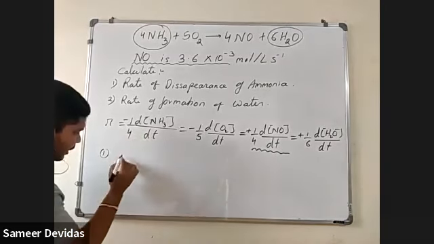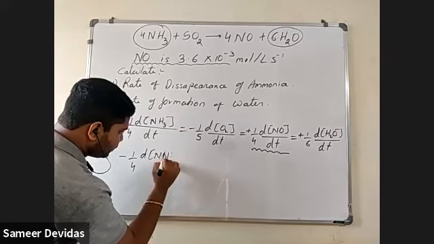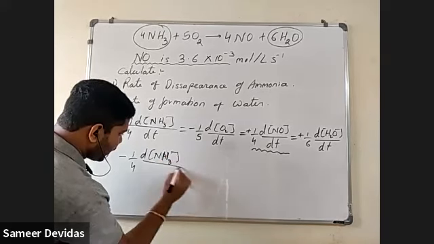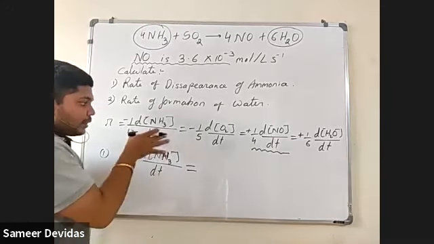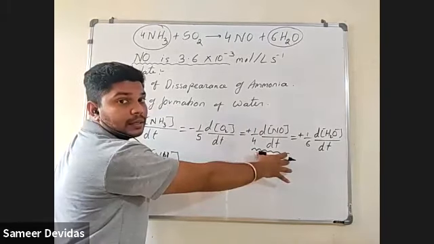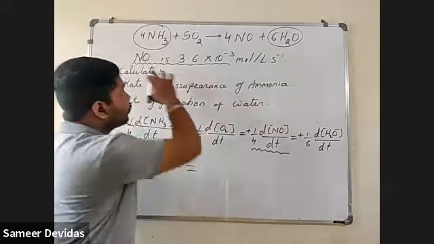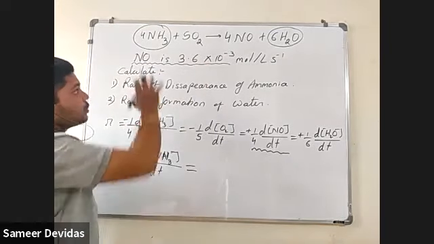So I will write this again: 1 upon 4 d[NH3] upon dt is equal to, so now this ammonia I will directly relate with this NO, because the formation of NO is given.